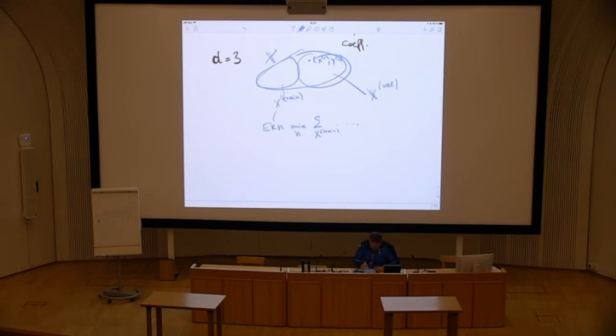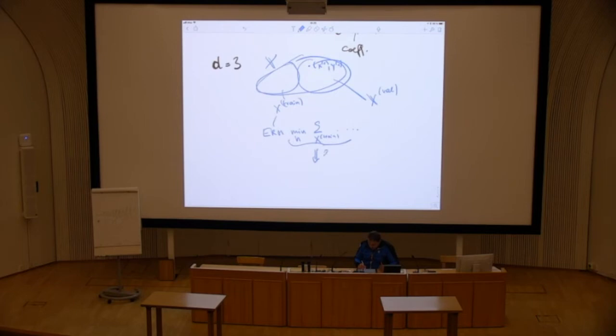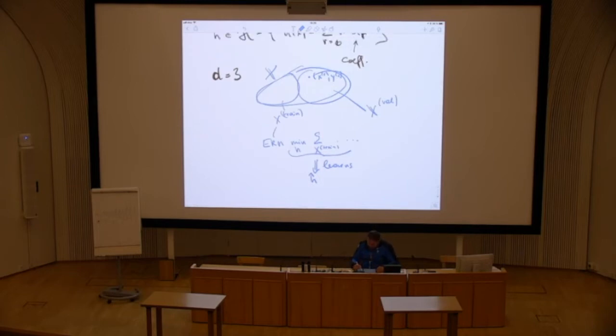Implementing this empirical risk minimization means to learn a predictor h hat, which you get using gradient descent, for example. And then we compute the empirical risk of this h hat on the validation set. So first we learn a predictor on the training set, and then we evaluate the predictor on the validation set.